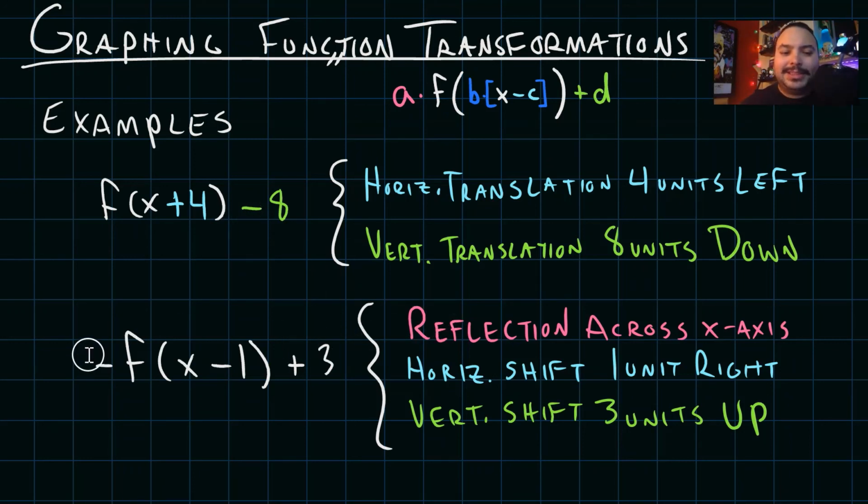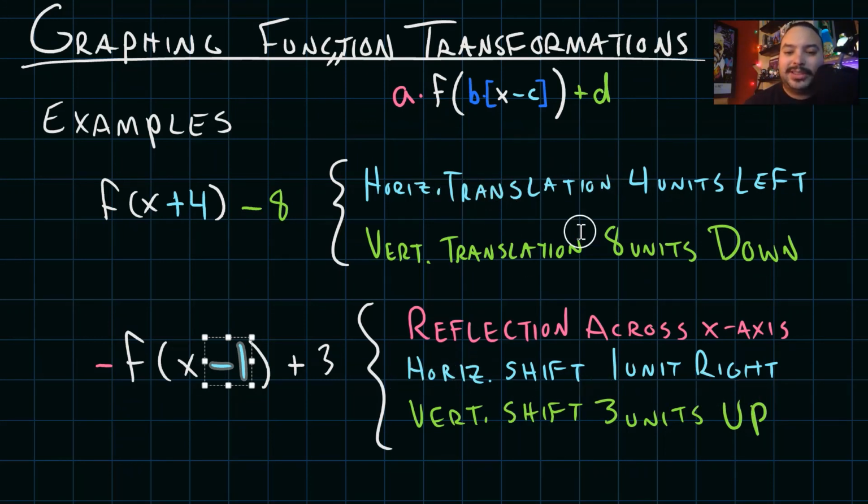In our last example here, we have actually 3 different transformations. First of all, because of this negative here, a reflection across the x-axis. So it's going to reflect vertically across the x-axis. We also have x minus 1 in the argument. Again, -1 means that actually our c value is positive, so it's a horizontal shift 1 unit to the right.